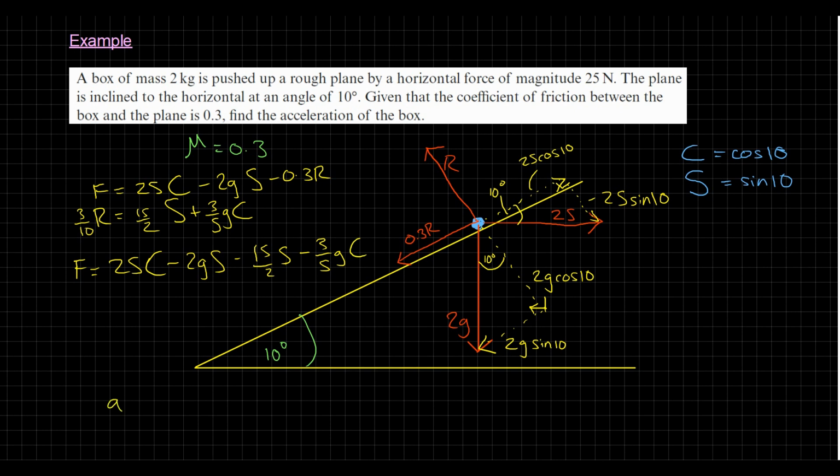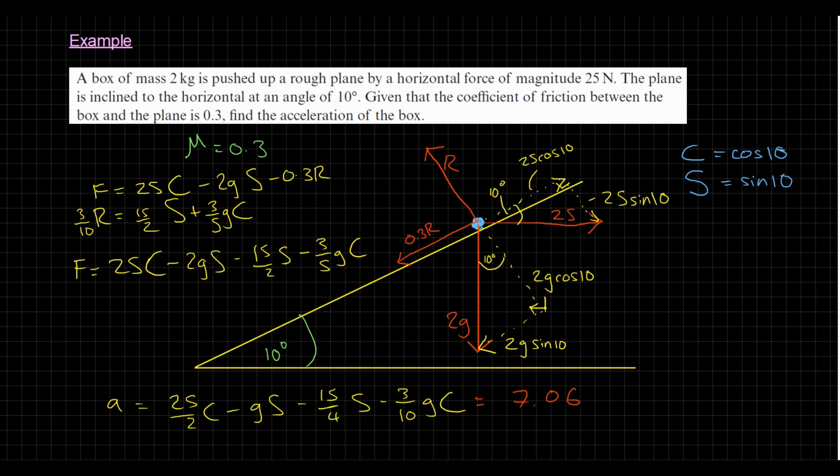So the acceleration should be equal to 25/2 times the C minus g times the S minus 15/4 times the S minus 3/10 g times the C. And that's me just dividing by 2 because F equals ma and m is 2. Right, I'm just going to type that in the calculator and hopefully that does give the right answer. Yes, it does. Thank goodness. So that's equal to 7.06, roughly speaking.